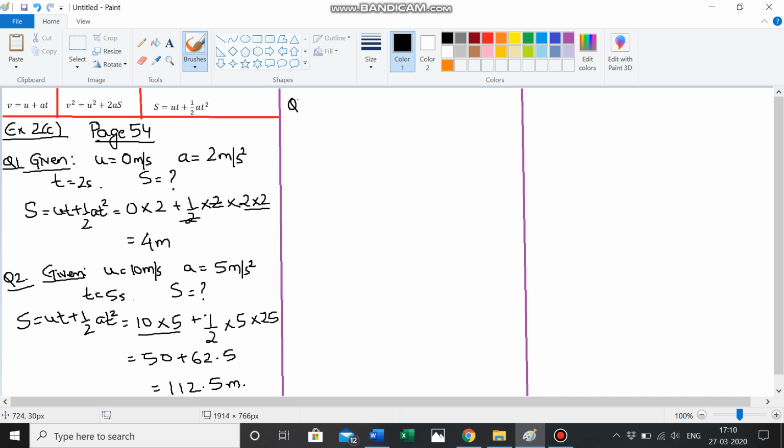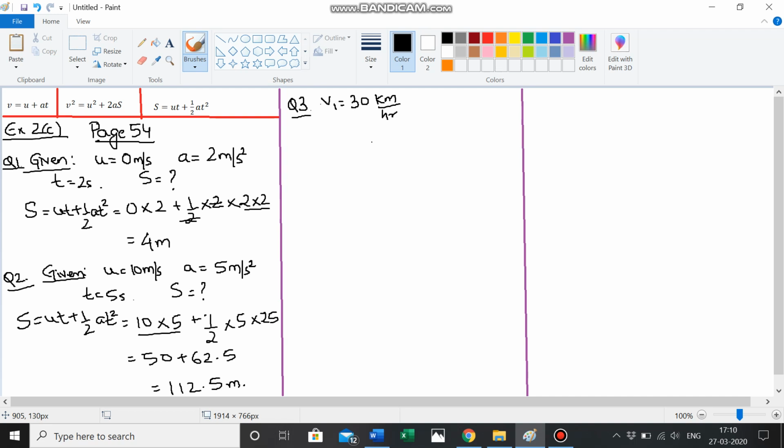Let's solve question number 3. Question 3 says a vehicle is accelerating on a straight road. Its velocity at any given instant is 30 km per hour. So the first velocity is given as 30 km per hour.